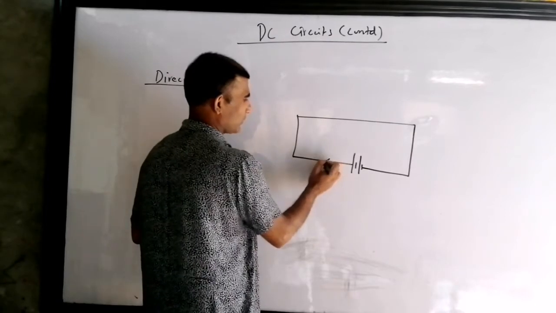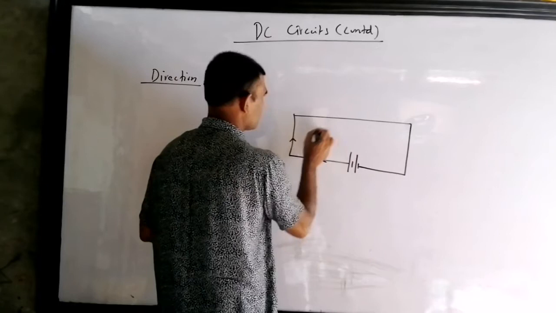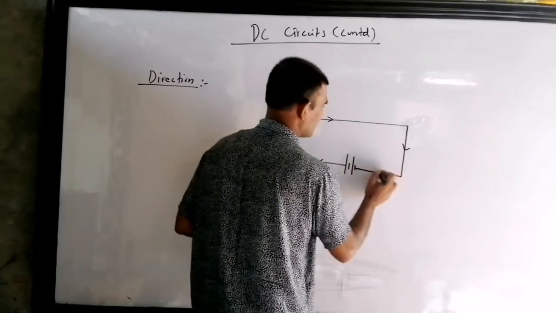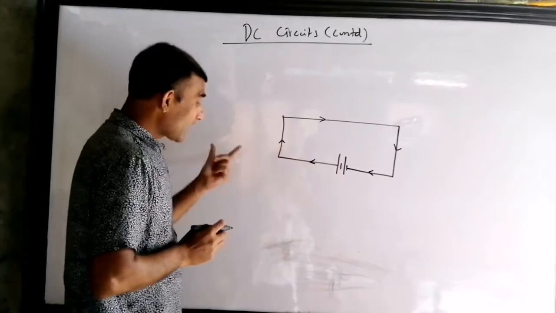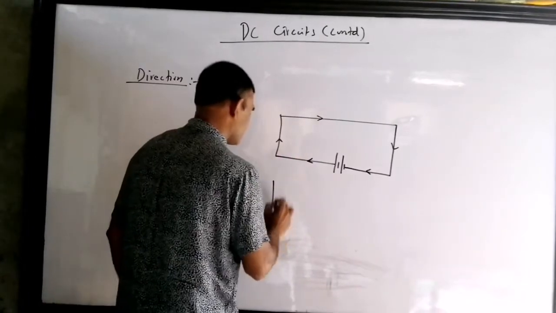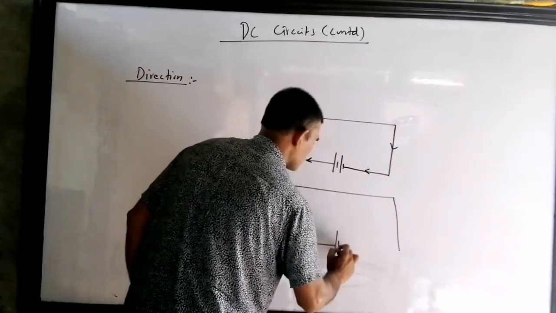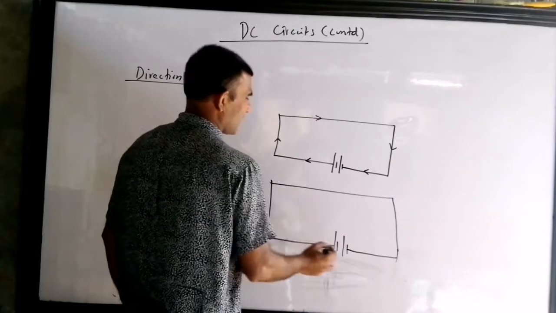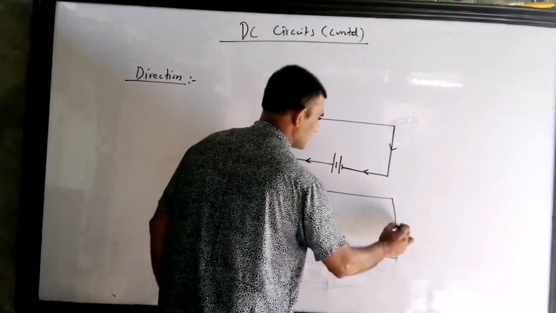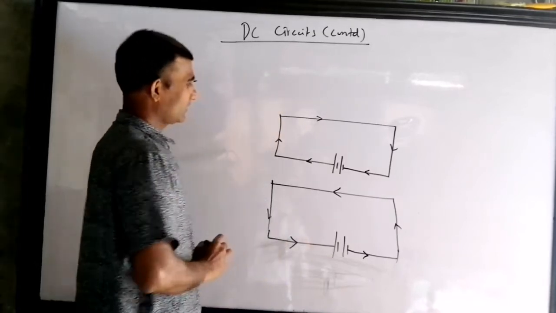Direction of current from this side, going through this and returning to this. Okay, one of the possibilities. Again I draw the same figure, but this time I am drawing the current in the other direction. So tell me which one is the correct notation?